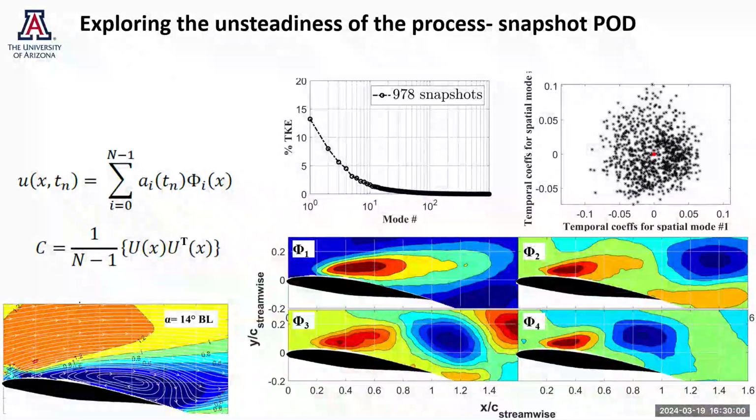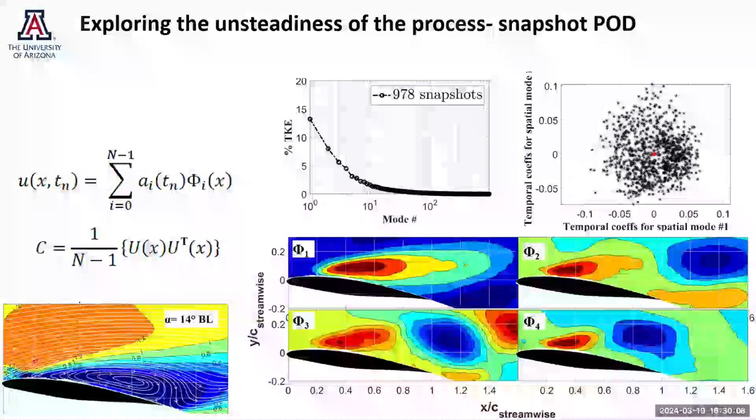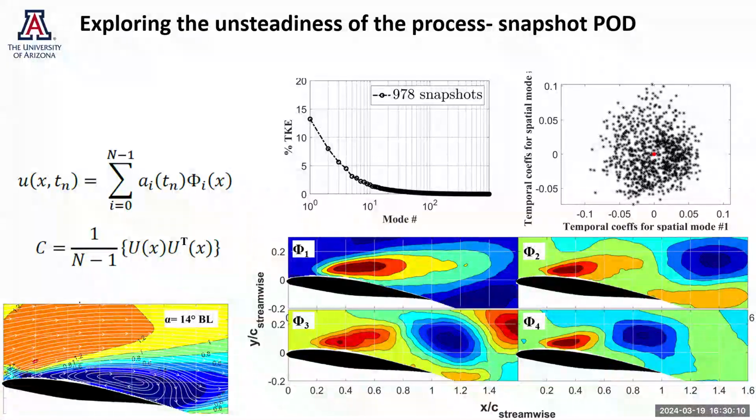In the first 10 modes, about 40 to 50% of the energy is captured. The spatial mode corresponding to the first eigenvalue is highlighted here. Comparing it to the ensemble average baseline result, this highlights the unsteadiness of the dividing streamline.